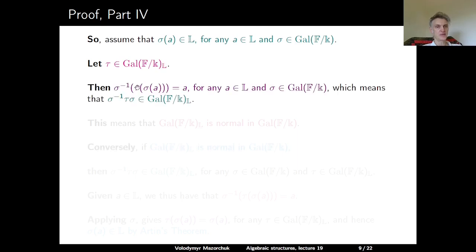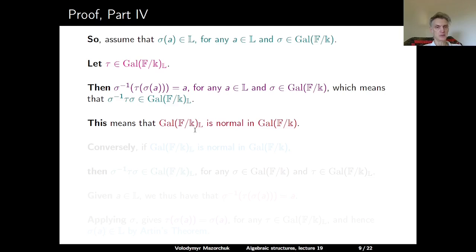Then sigma inverse of tau of sigma of a is equal to a, because sigma of a is in L, tau fixes it, and so sigma inverse of sigma of a is a. And of course this means that sigma inverse tau sigma belongs to the stabilizer subgroup. And this means exactly that the stabilizer subgroup is normal in the big Galois group. So if you take an element from the subgroup and conjugate it by anything in the big Galois group, we stay in the subgroup.